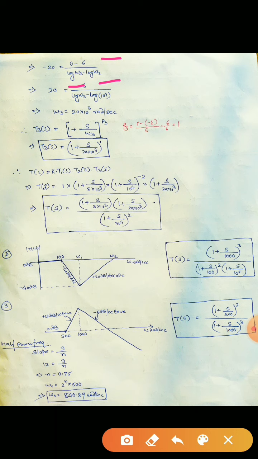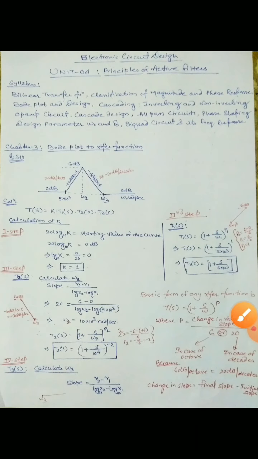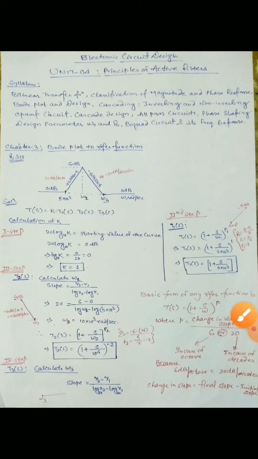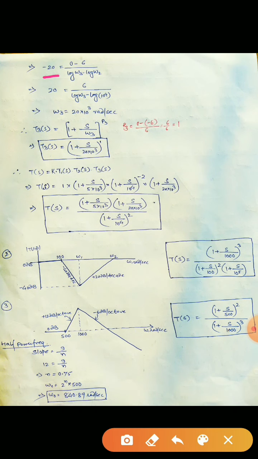And what is the value of slope? Here the value of slope is the final slope, minus 6 dB per octave. Minus 6 in terms of decades will be minus 20. So I changed minus 6 to minus 20, that is why the slope is minus 20.